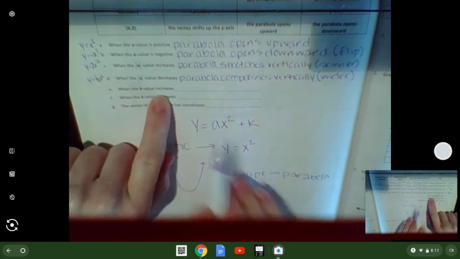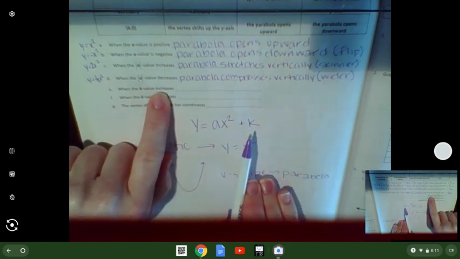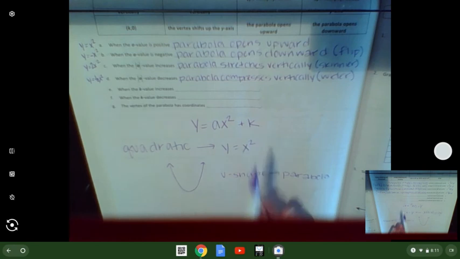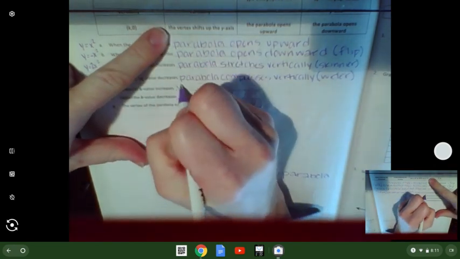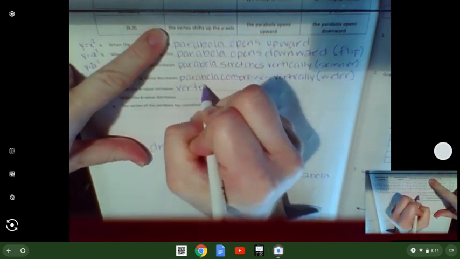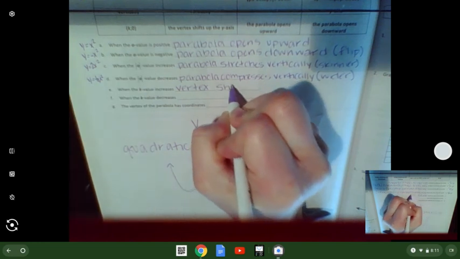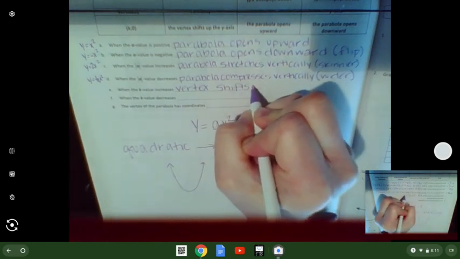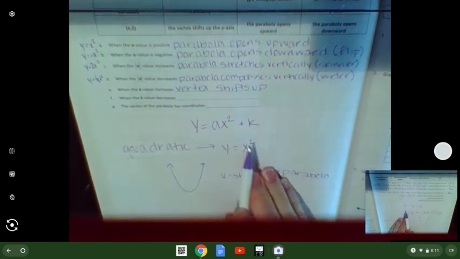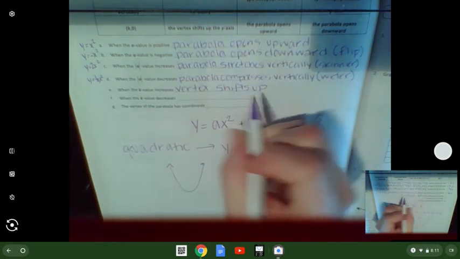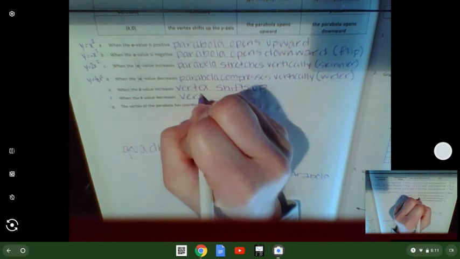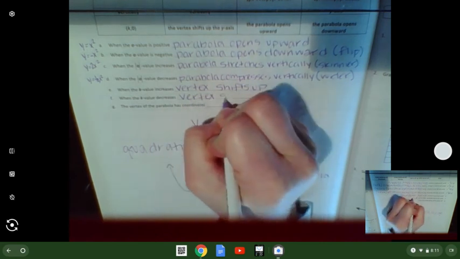As that K value increases, add 2, 3, 4, 5, we know the vertex shifts up. And as that K value decreases, we start subtracting, we know that the vertex shifts down.